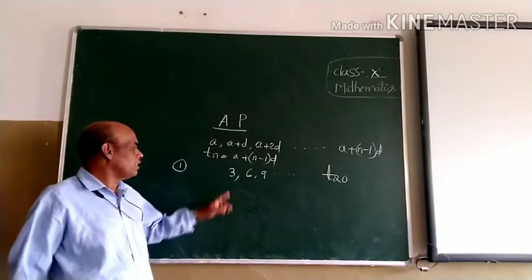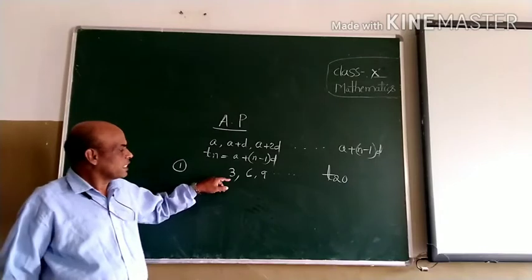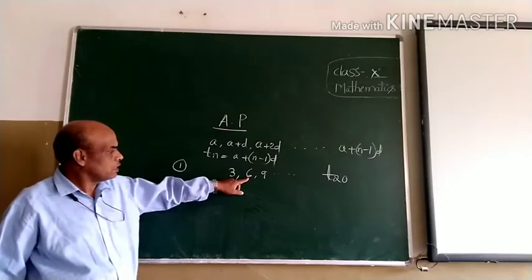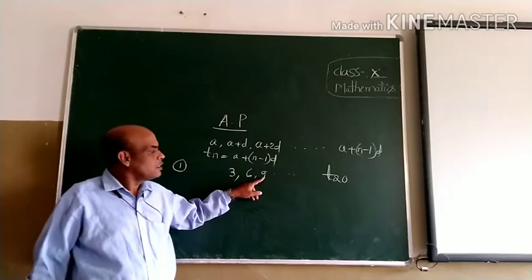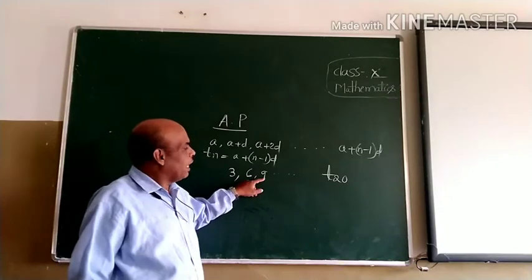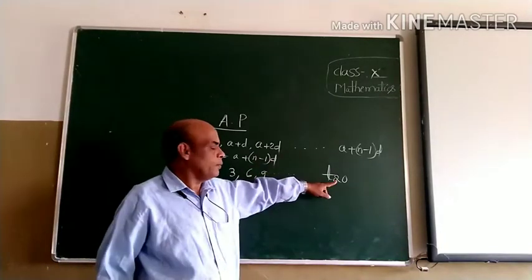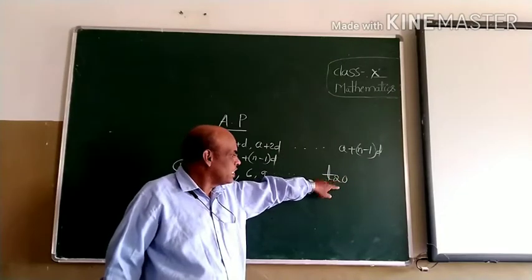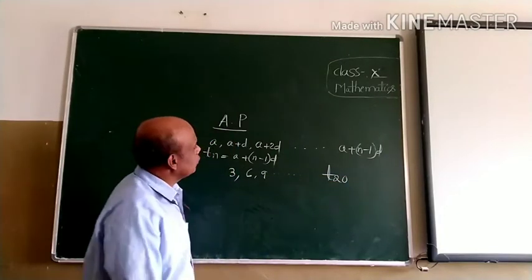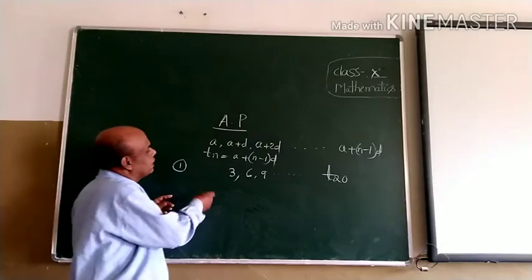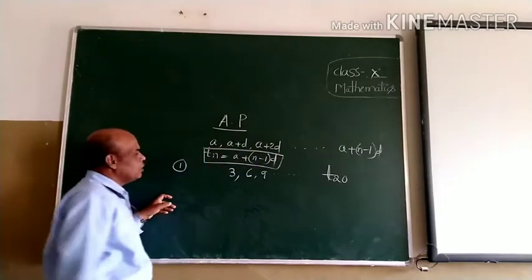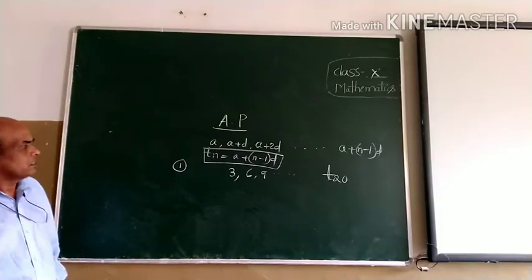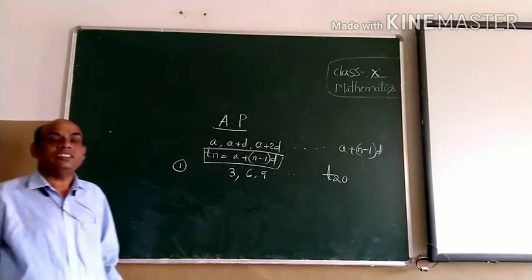First term is already given to you, 3, second term is 6, third term is 9, so you have to calculate the 20th term. You have to apply only this formula, because already we have studied this formula to find the nth term.